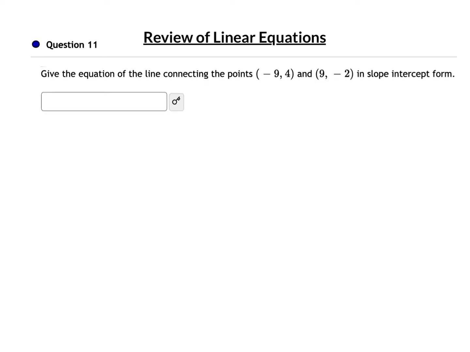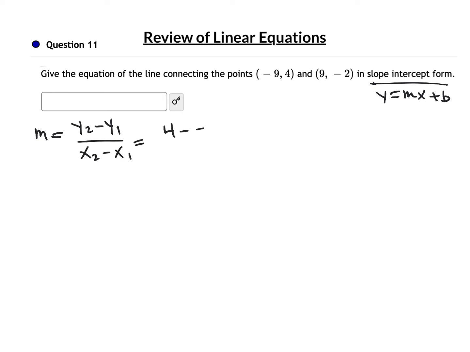Question 11 is just like the last one, except for when we're done with point slope form, we're going to solve for y and put it in slope intercept form. Get y by itself. It starts off the same. Let's find the slope. Subtract the y's up top and the x's below. That's 4 minus, notice the double negative, negative 2 over negative 9 minus 9.